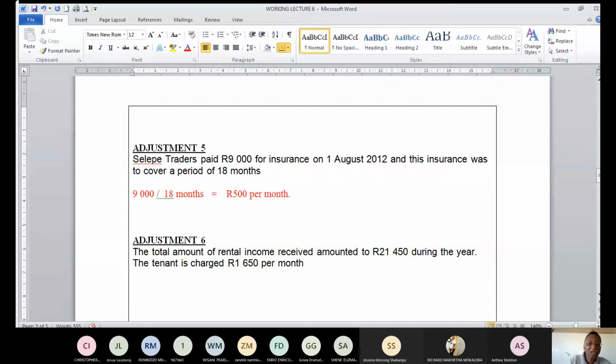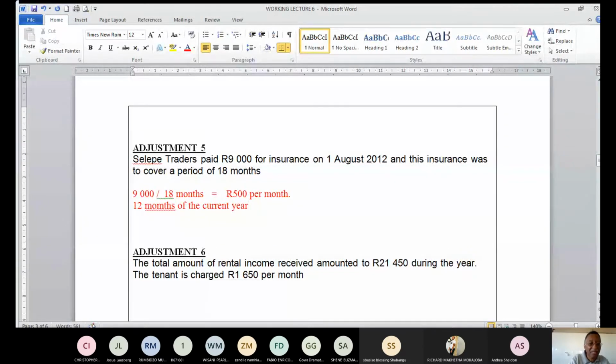So you have actually paid for 12 months of the current financial year. And you have actually paid then for 6 months extra. So you have paid for 6 months of the next financial year.